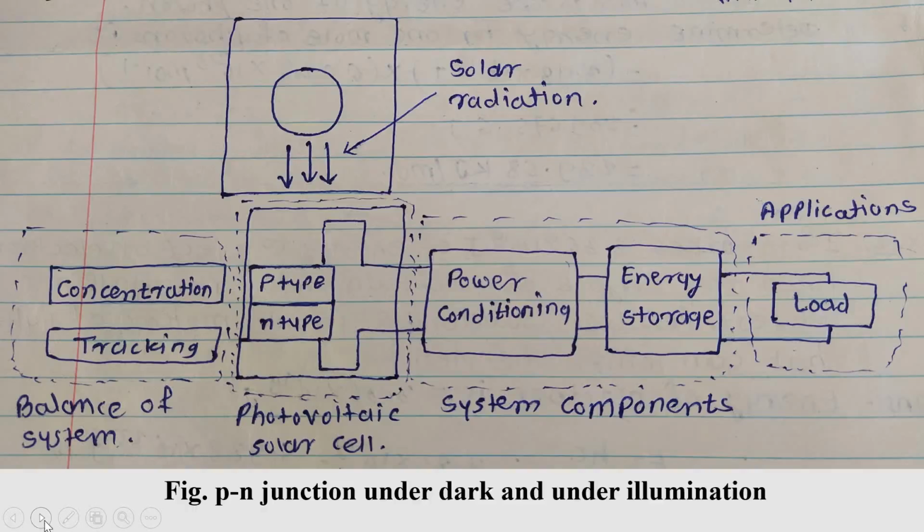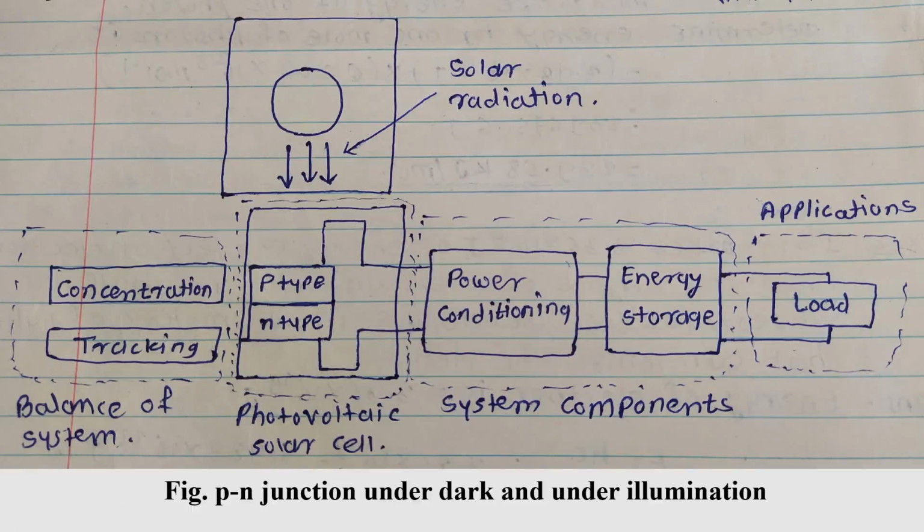That's why these are considered system components. The energy storage is also connected to the load, meaning the applications, and on this side we have also connected the photovoltaic cell.